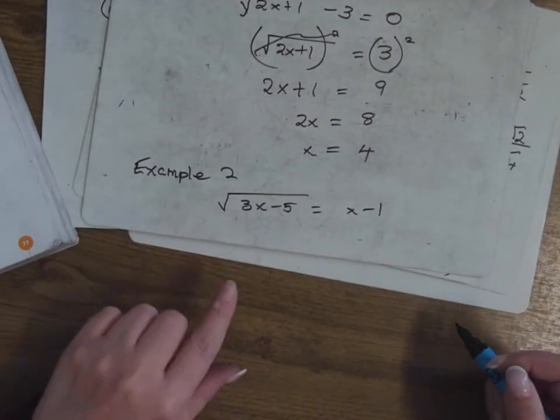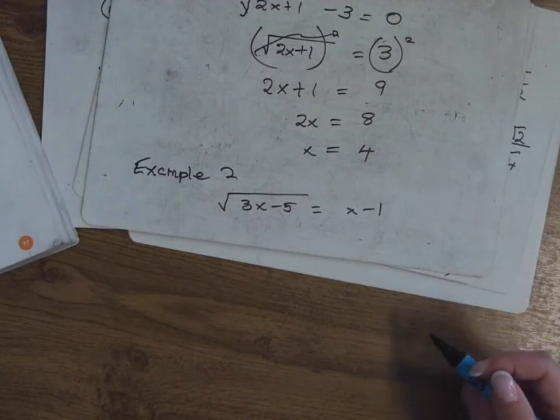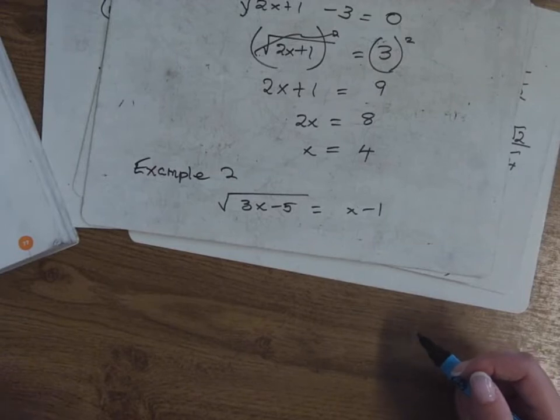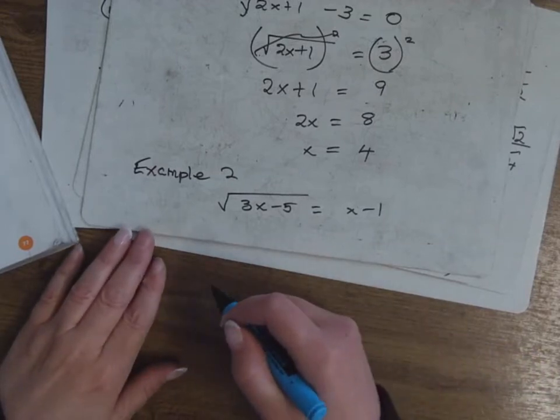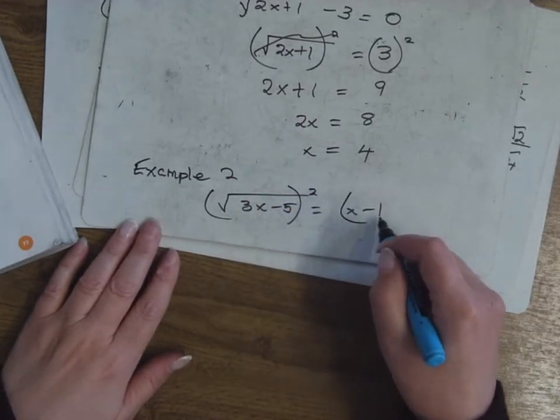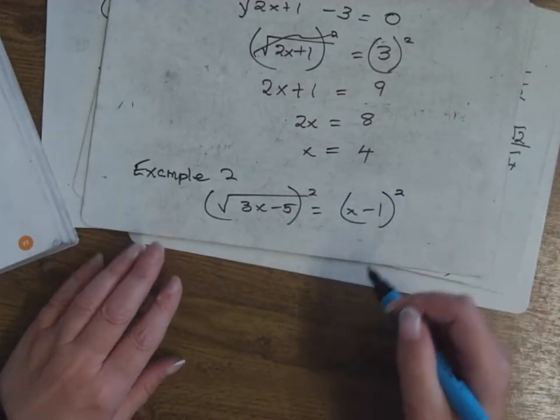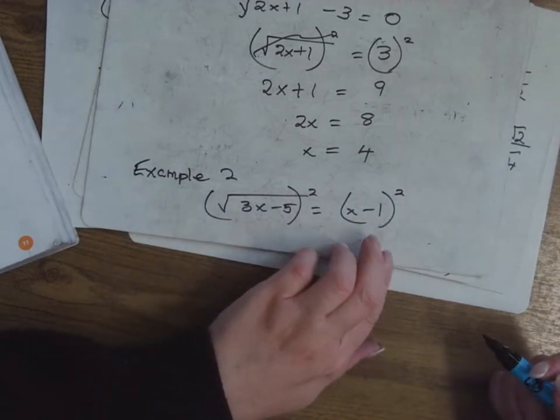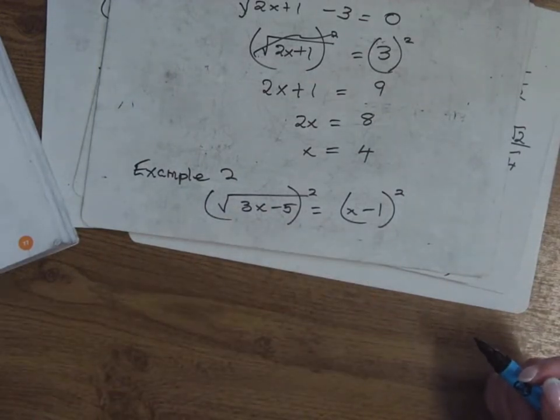This one also has one surd and it's already isolated by itself on one side, isn't it? So I don't have to move anything around. What I do have to do is square both sides, so square this side and square that side. You have to square them both together. You can't just square the x and square the 1. It's the whole side to be squared.